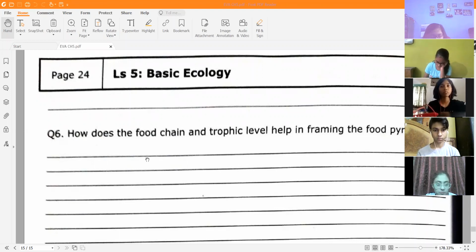So this is the answer for this. You will get help from page 49 under the heading ecological pyramid. You can explain in your own words and form the answer.